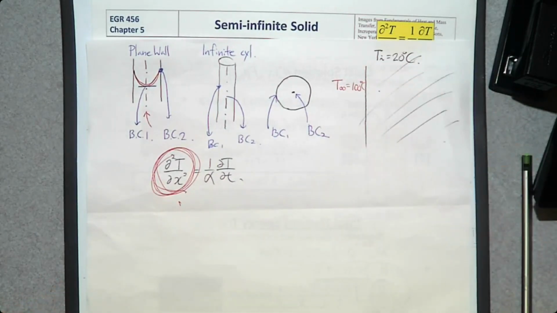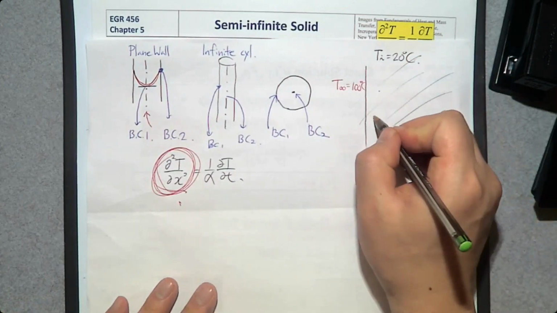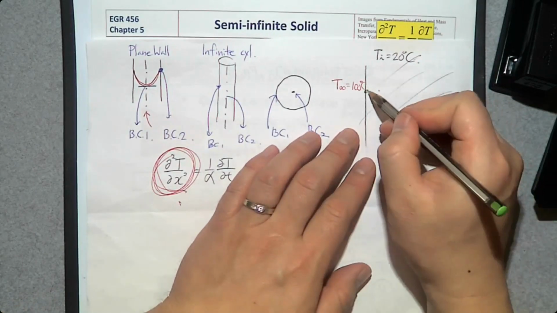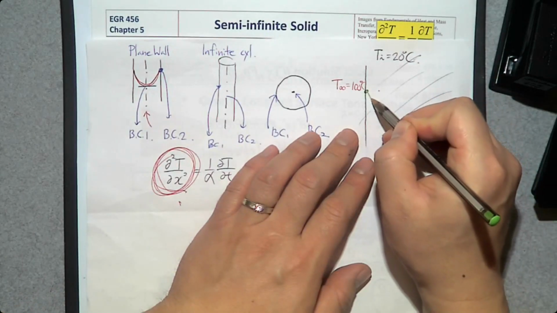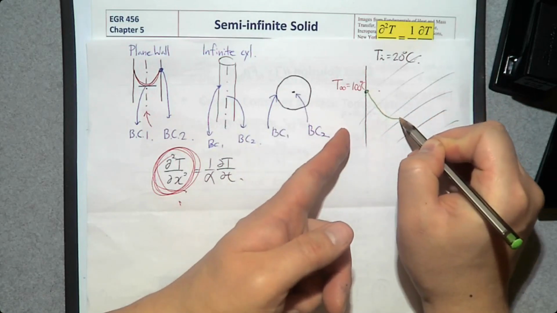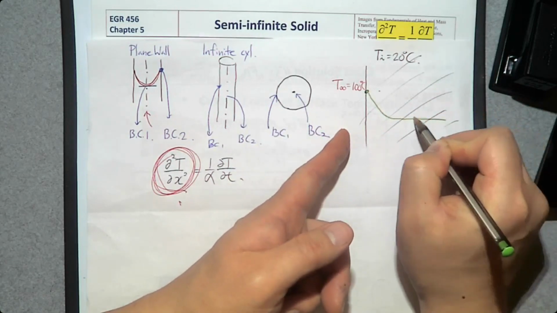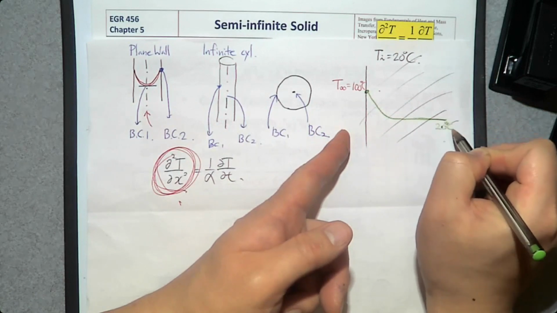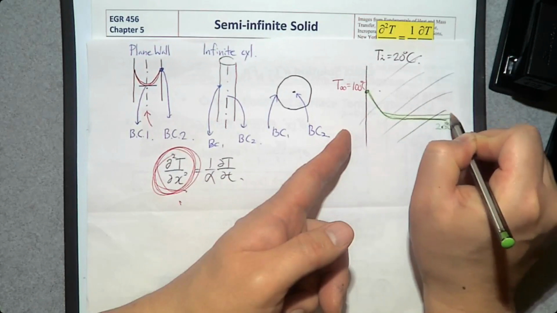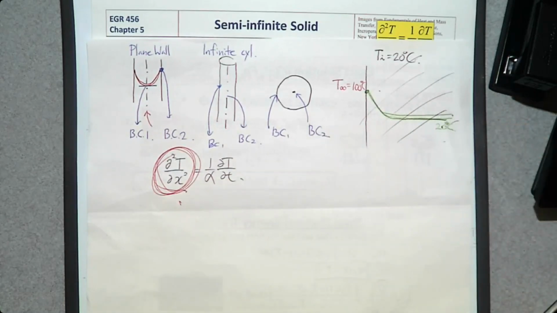Then what's going to happen? We will know that the temperature of the surface is going to increase first, so up to this much. And the temperature is going to decrease from the surface, and eventually it's going to be near 20 degrees Celsius, like that. So this is the temperature distribution for a semi-infinite solid.